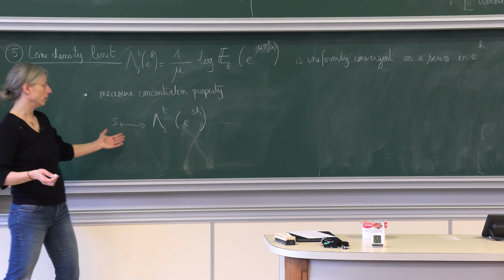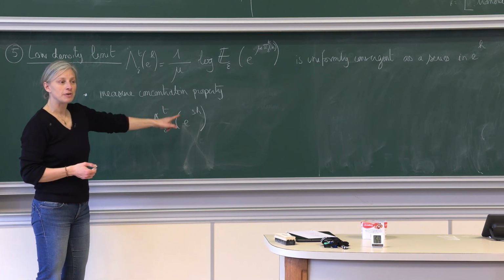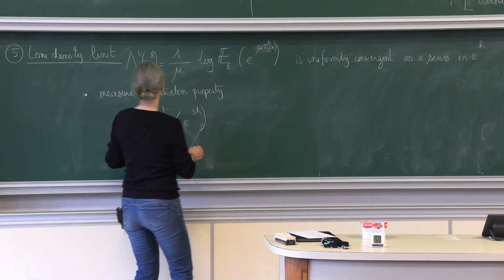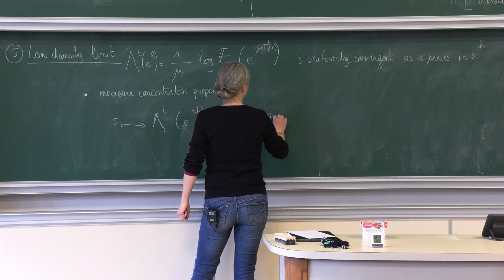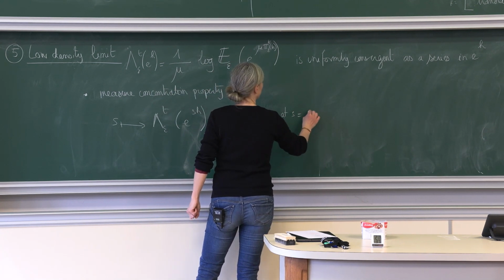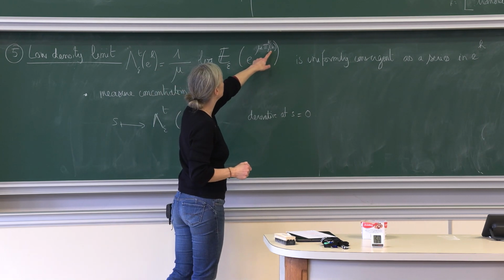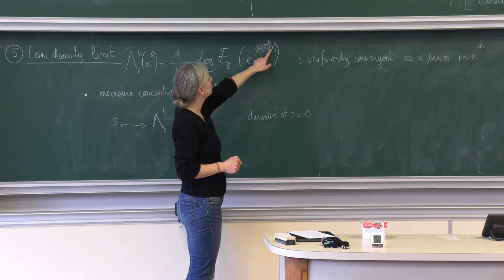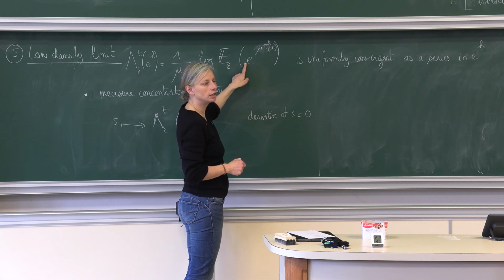Okay, so I can look at this function. Okay, so it's a very nice function. And now if you look at the derivative with respect to s at s equals 0, so you see that when you differentiate, then you get that you will have the empirical measure here, which comes here.